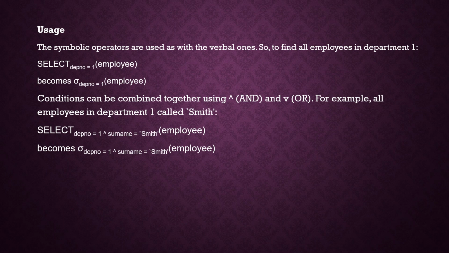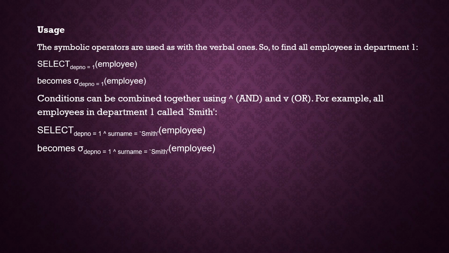For example, all employees in department 1 called Smith. See, here we are using the AND operation, that means we are going to combine conditions. We are going to add two conditions, so if both the conditions are true, then only we are going to display.